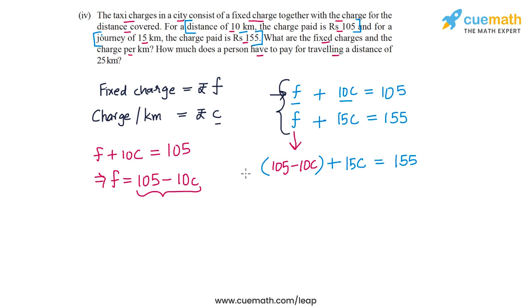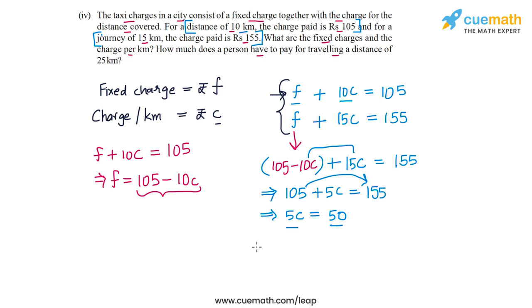So now this is an equation in C alone. So let's solve it and find the value of C. So we have 105 minus 10C plus 15C, so this is equal to plus 5C, and this is equal to 155. So now I can isolate 5C on the left side, take this 105 to the right side, subtract it from 155 to get 50 on the RHS. So 5C is equal to 50, which means that C is equal to 10.